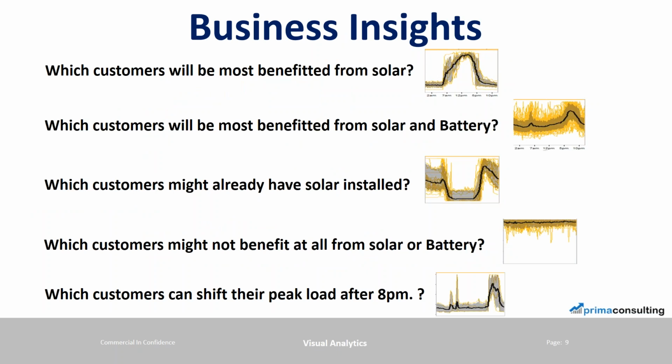The big question was which customers to target for solar panels, and you can see that the customers with the bell-shaped pattern are the prime candidates. Business also wants to sell solar and battery, maybe at some point in the future, so the evening bump would be a good candidate for that.